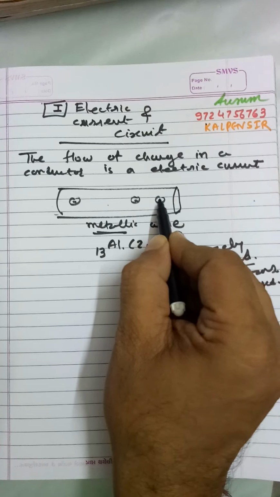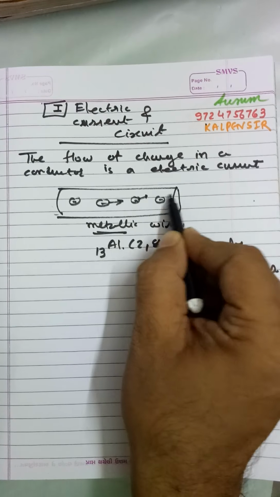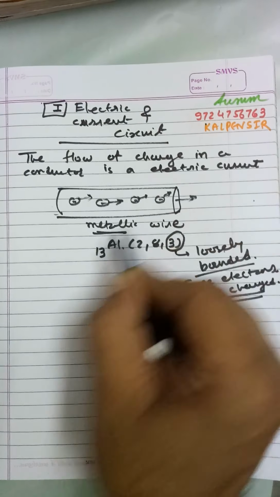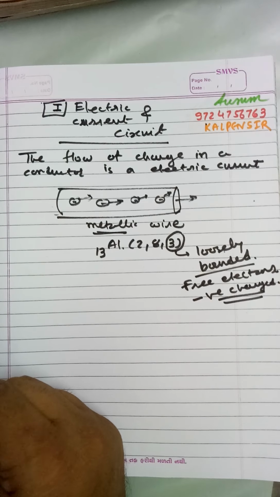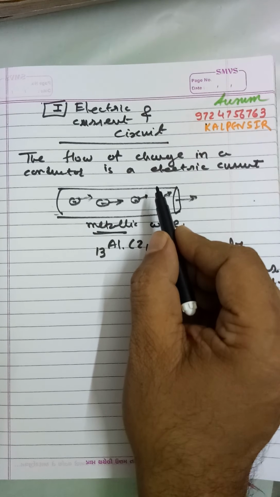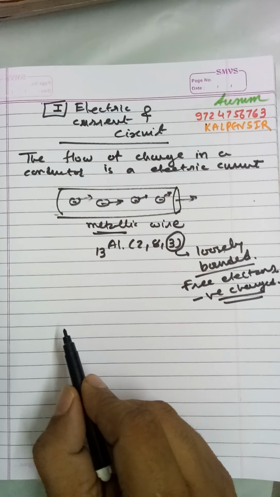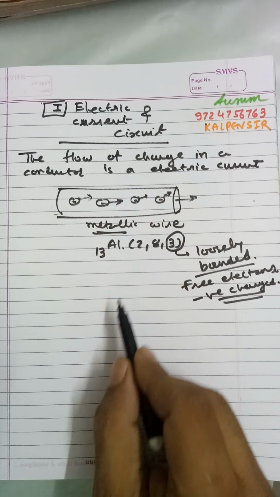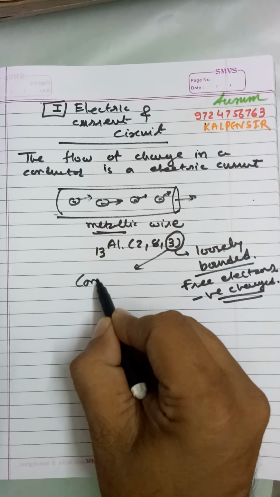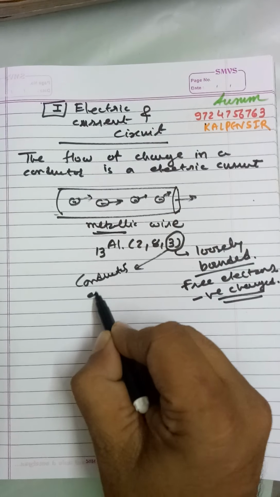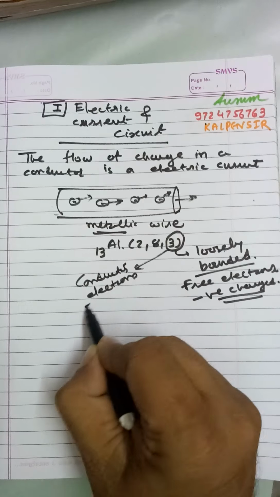Electrons move in one direction throughout the conductor, and these charge carriers in the metallic conductor are known as conduction electrons.